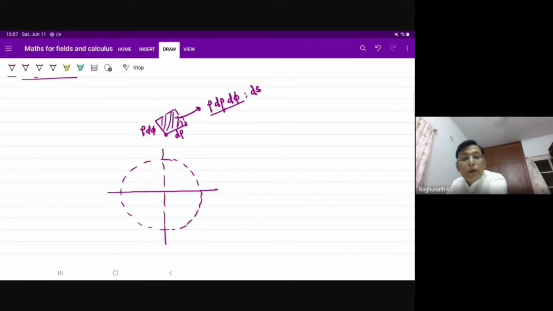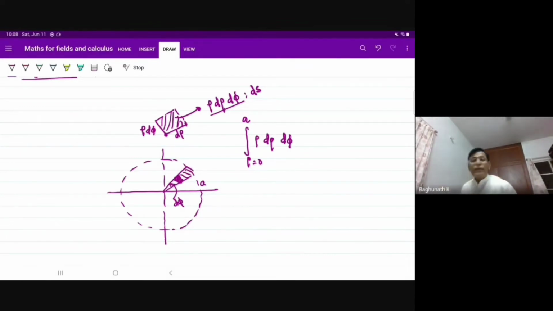But when I do this using this ds, at the same phi, because it is of radius A, I will take d phi and change rho from 0 to A. Integral rho d rho d phi, rho from 0 to A, is this area.